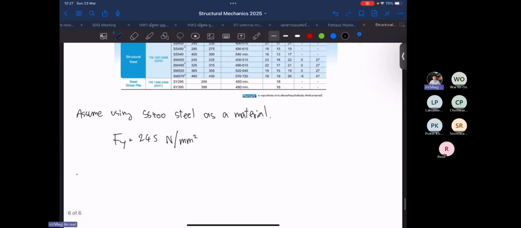Okay, so the allowable stress equals 0.6 of Fy, equals 0.6 of 245, equals 147 Newton per square millimeter.